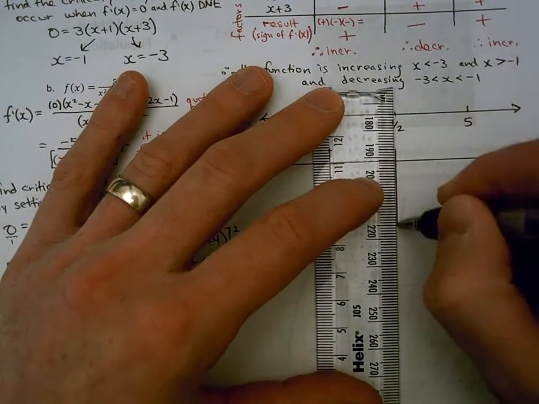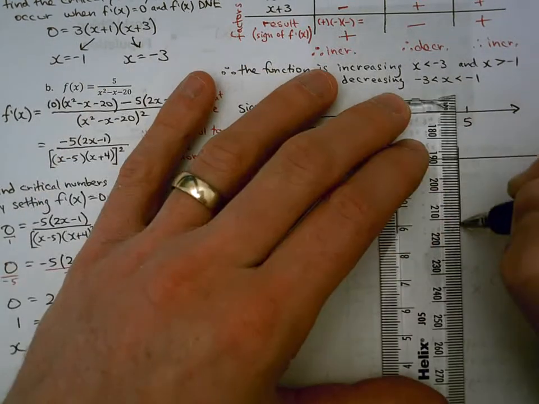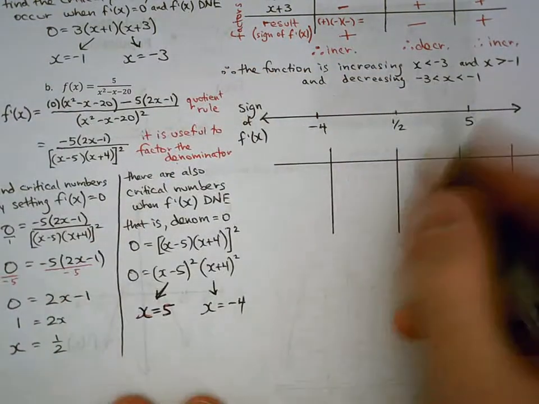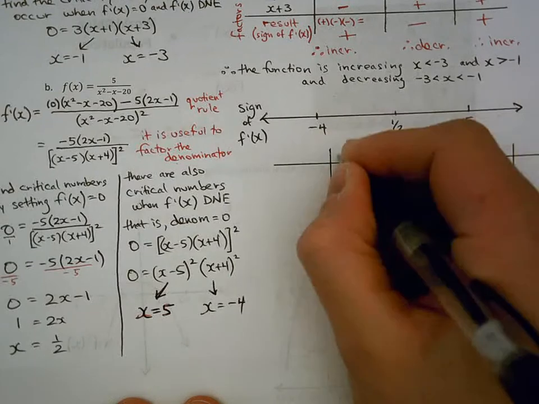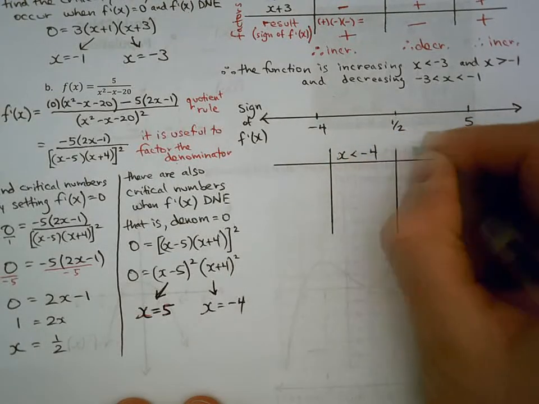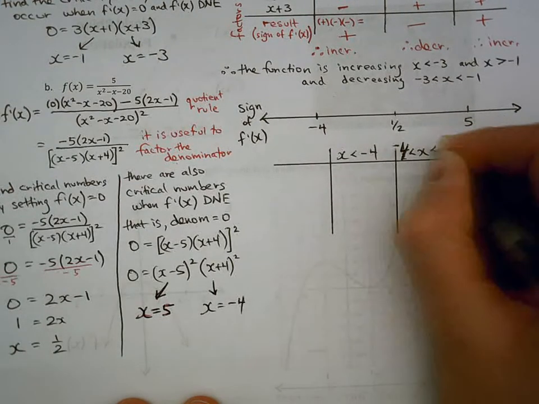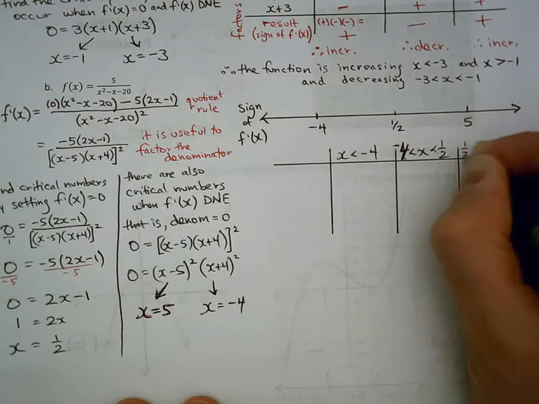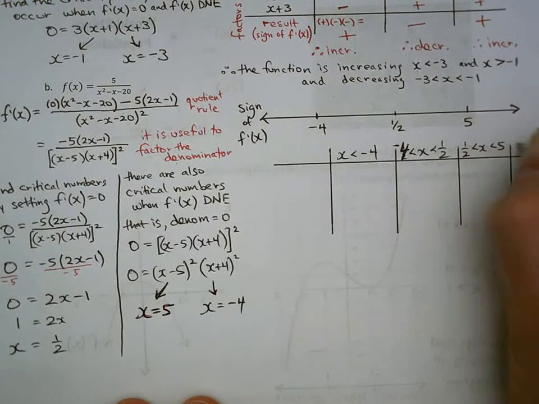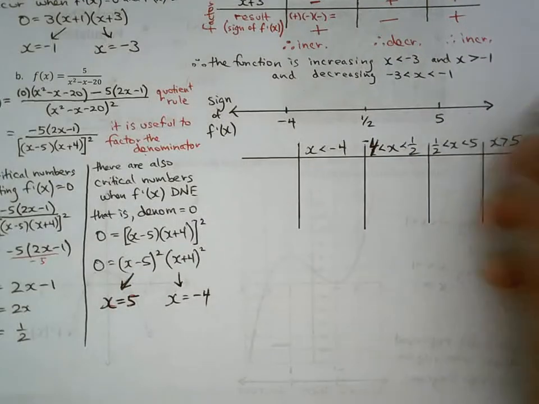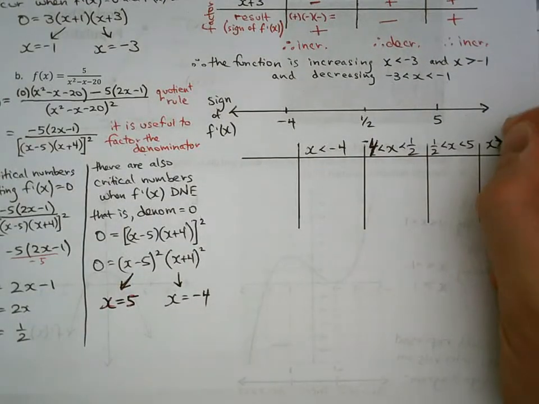My different intervals are x is less than negative 4, x is between negative 4 and half, x is between half and 5, and x is greater than 5. Remember, we don't do equal to, we just do the in between.